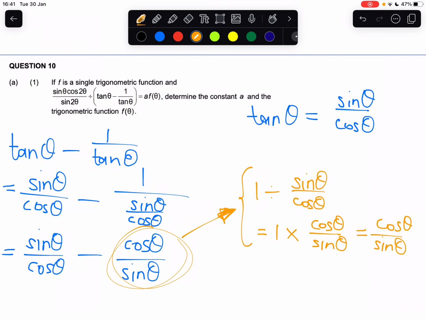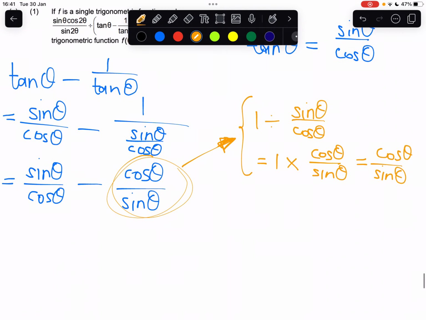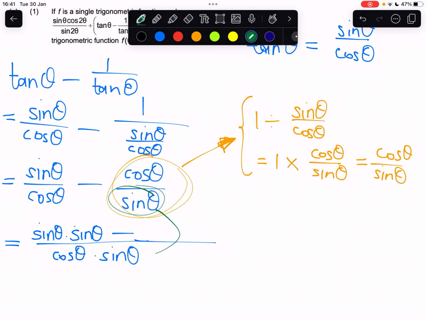Okay, cool. And then we want to simplify the sum. Okay, so our common base will be cos theta, so that this guy's happy, and sine theta, so that this guy's happy. Right, so then in order to get this base to look like that base, we're going to need to times top and bottom with sine theta. So it's going to be sine theta times sine theta. And then similarly, to get this base to look like this base, what's missing is the cos theta.